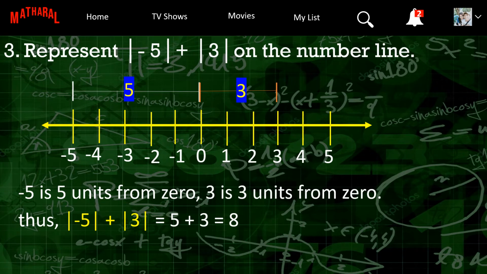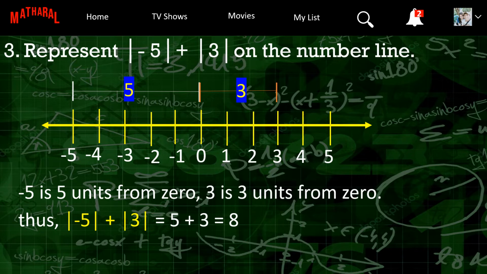In number 3, we are asked to represent the absolute value of negative 5 plus the absolute value of 3 on the number line. So, we have a negative integer and a positive integer. Focus on 0 or the origin. Negative 5 is to the left of 0.